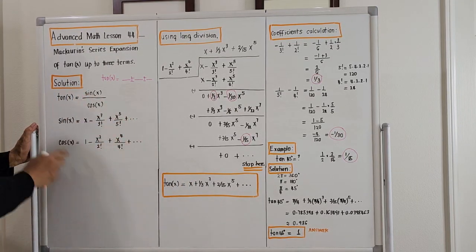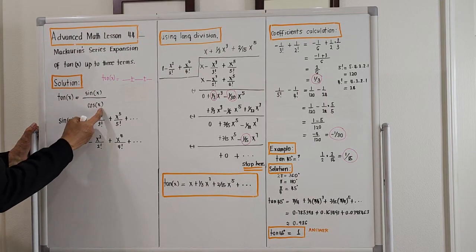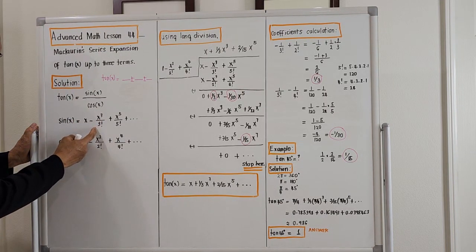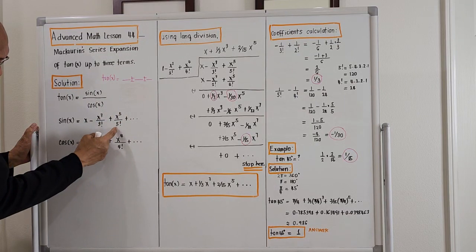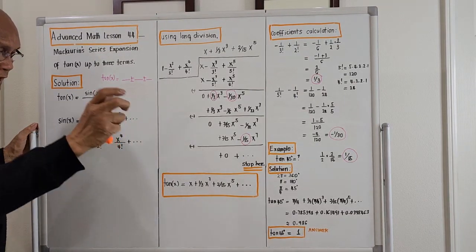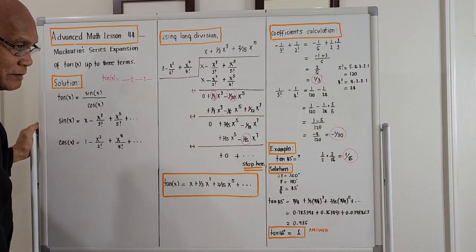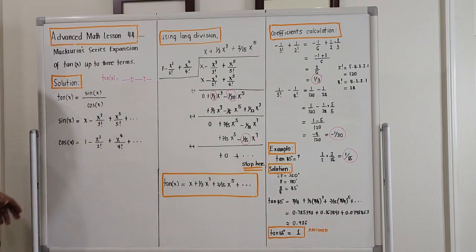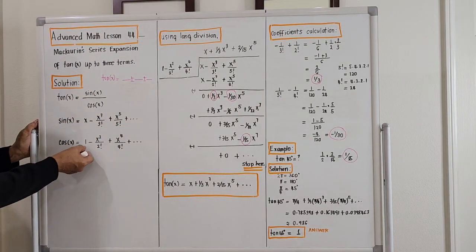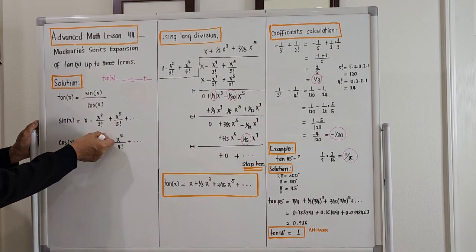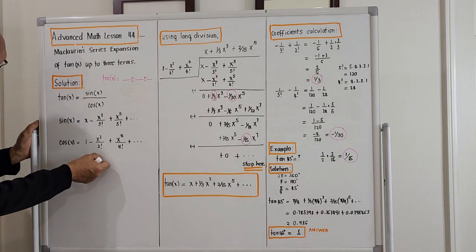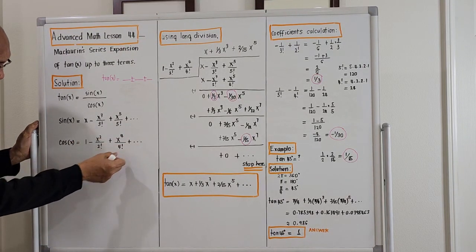That is, I will repeat it. Sine of x is actually x minus x cubed over 3 factorial plus x to the fifth over 5 factorial plus some other values. And for cosine, again, from the previous lesson, cosine of x is actually 1 minus x squared over 2 factorial plus x to the fourth over 4 factorial.